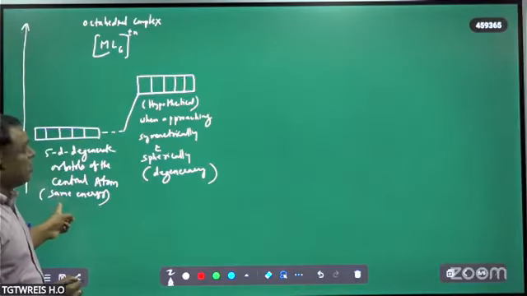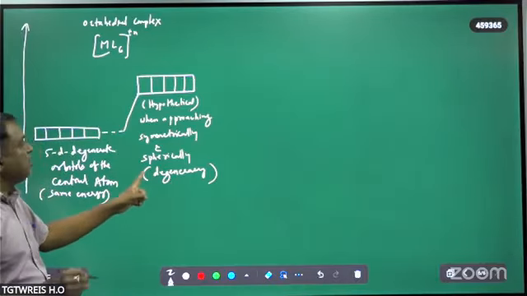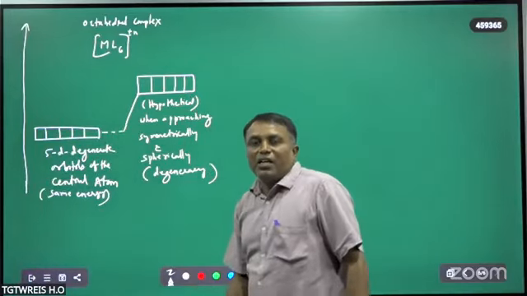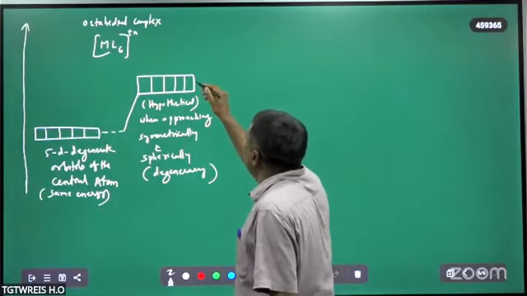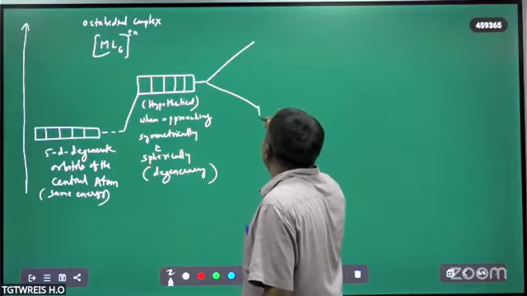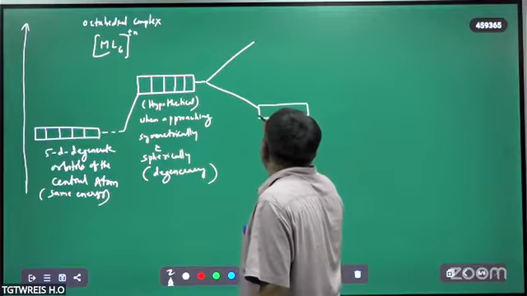When ligands approach the metal cation after the formation, the degeneracy of the central atom d orbitals changes.